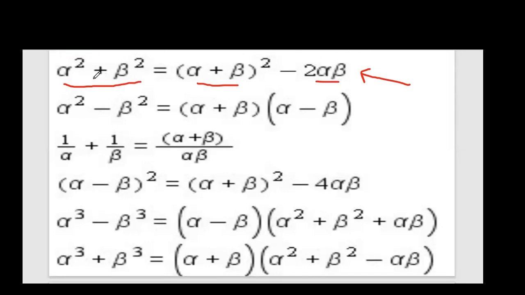If you are given alpha squared plus beta squared, how do you get the sum and the product? For example, they say, evaluate the value of alpha squared plus beta squared. There is no equation that exists for this.